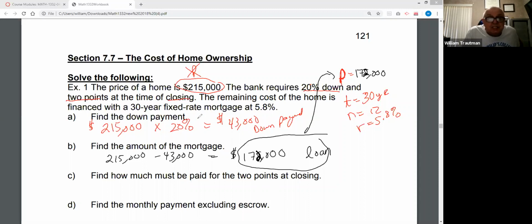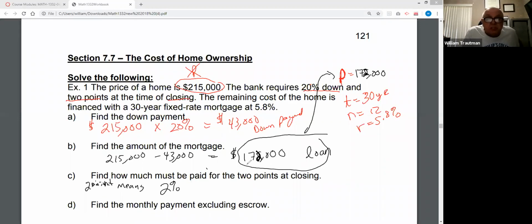It says the remaining cost of the home is financed at 30 years fixed rate. The bank requires 20% down and 2 points at the time of closing. So you have 2 points, by the way, 2 points means 2 percentage points, 2%. 2% of what?